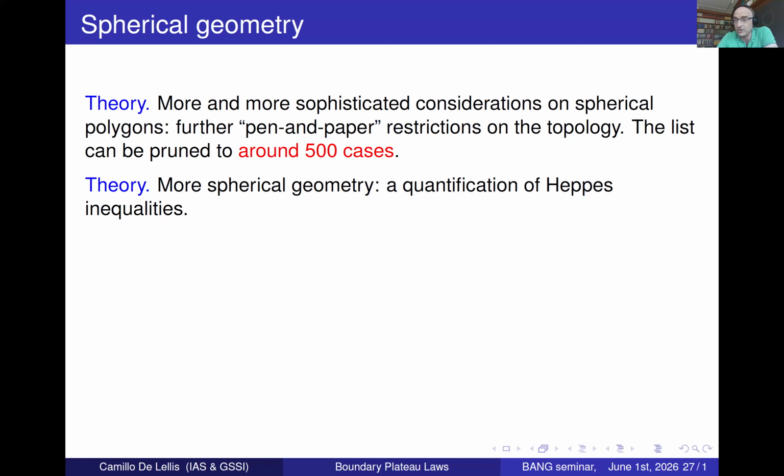One thing which was extremely useful for us is that the considerations of Hepes' paper, which are some inequalities between the edges of these polygons, are quantifiable. You can write inequalities between the lengths which put a restriction: if you have a pentagon with angles of 120 degrees and there's one edge which is too long, then there must be another edge which is sufficiently short.